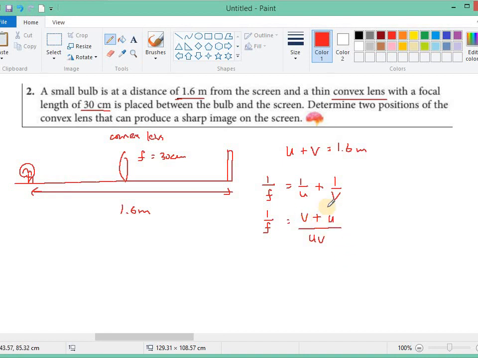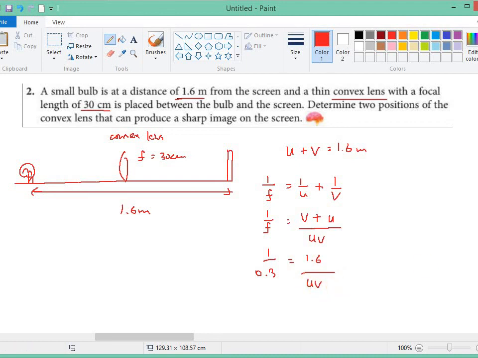So here this one is 1.6 meter. F, the focal length, is 30 centimeter. We change to meter, so it is 0.3, positive because it is a convex lens. So v plus u is the same as u plus v, which equals 1.6 meter.